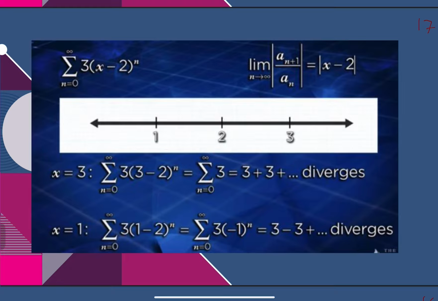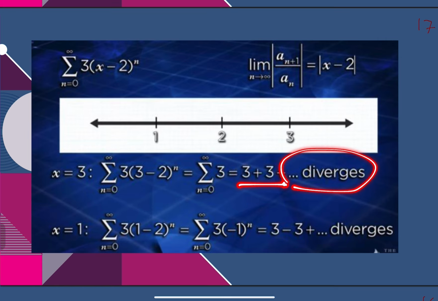So it's the summation of 3. This will be just 3 plus 3 plus 3 plus 3 plus 3, and this one diverges, because when you add this up it gives a large sum. The sum increases as we move out to infinity.